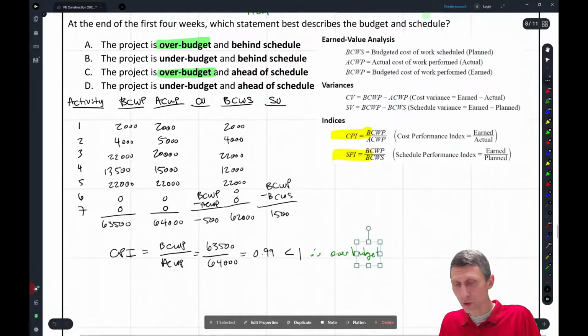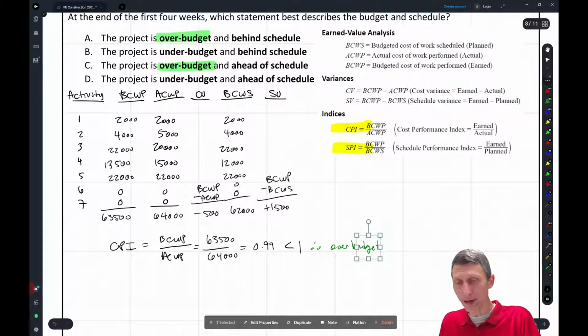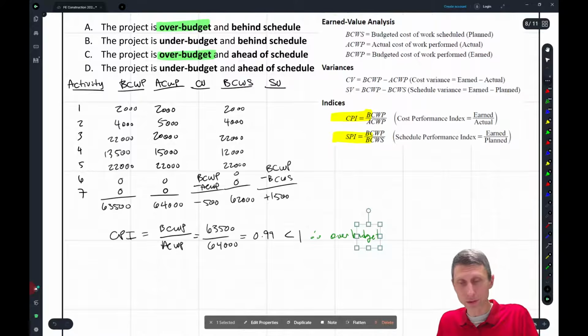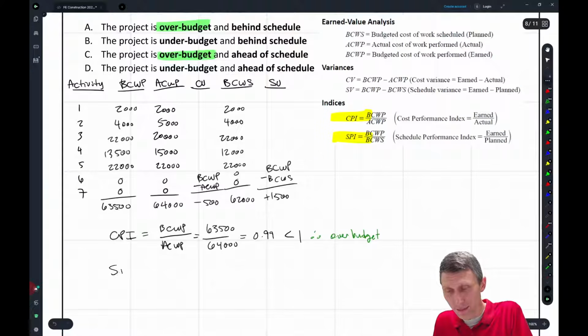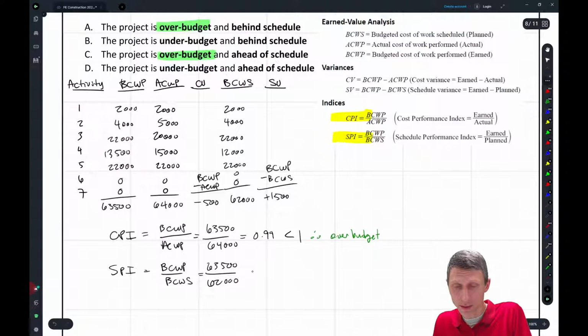Okay, so what that means is we get a positive value here. In other words, that means we're actually ahead of the schedule, because what do we have? We have this SPI equals the BCWP over BCWS. Sorry. And what we're going to get is, what's that? The BCWP is 63.5 divided by 62,000.